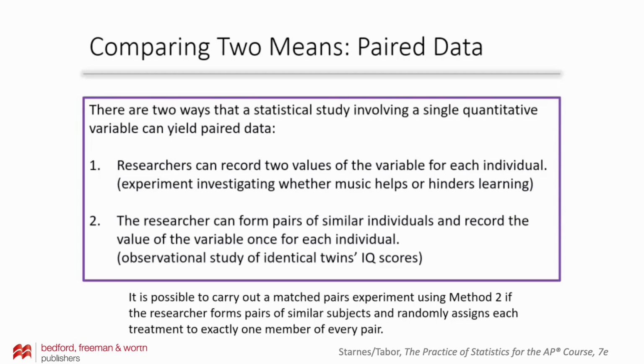And two, the researcher can form pairs of similar individuals, which we're going to look at one with twins in a bit, and record the value of the variable once for each individual, like for identical twins, for example. It is possible to carry out a matched pairs experiment using method 2 if the researcher forms pairs of similar subjects and randomly assigns each treatment to exactly one member of every pair.